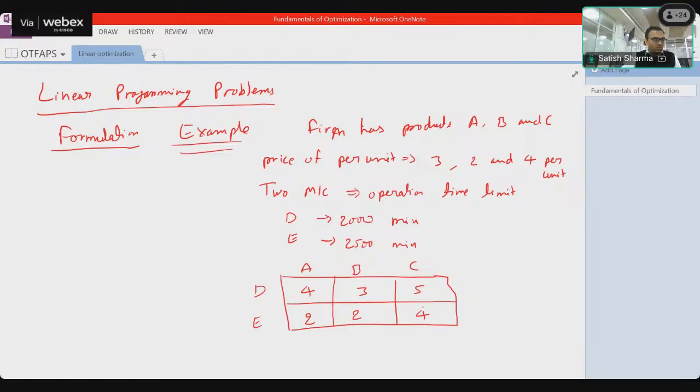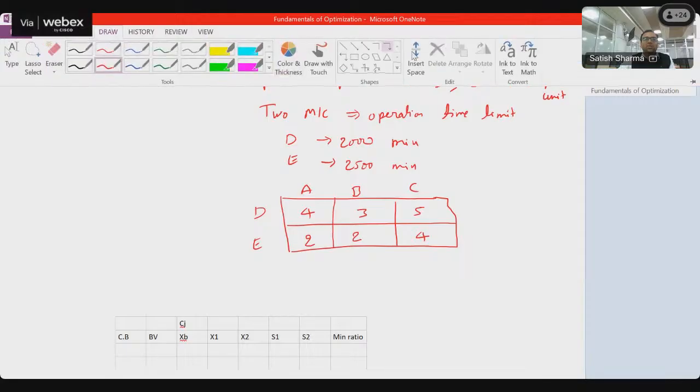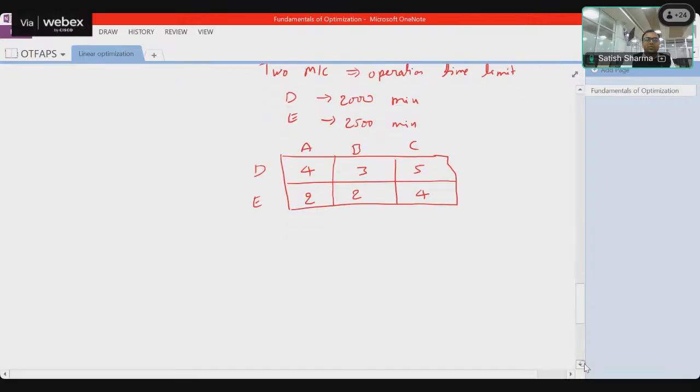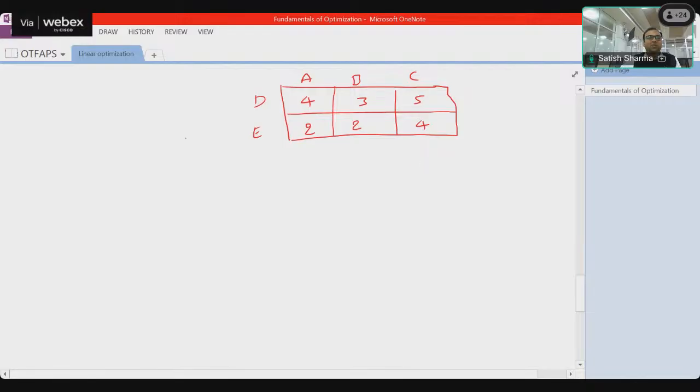So how can we formulate this particular problem? First of all, we have to identify our objective function. What can the objective function be? Obviously, if it is a firm producing some products, the objective function will be either minimization of the cost or maximization of the profit.